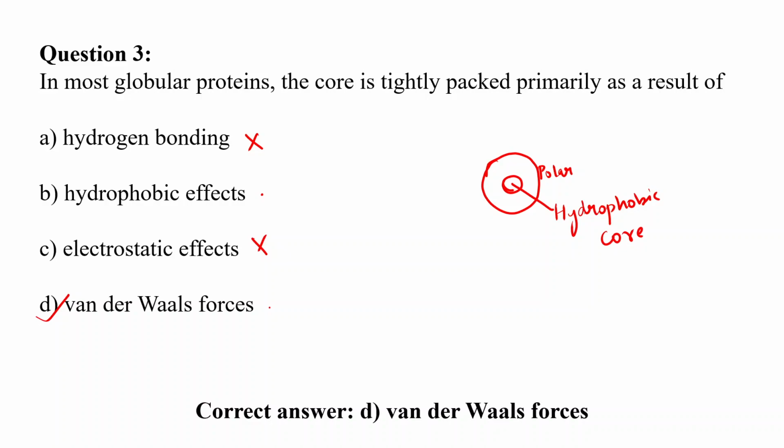This electronegative atom will attract electrons towards it and develop a slight negative charge, and the other atom will develop a slight positive charge, and there will be a slight interaction between the two atoms. That weak non-covalent interaction is called van der Waals forces, and it is defined by the van der Waals radius. I will not go into the detail of the force, but in the globular protein, mainly inside the core, in the innermost part, these forces are present.